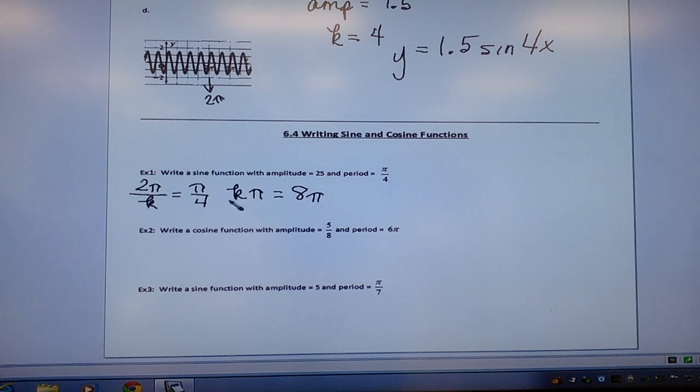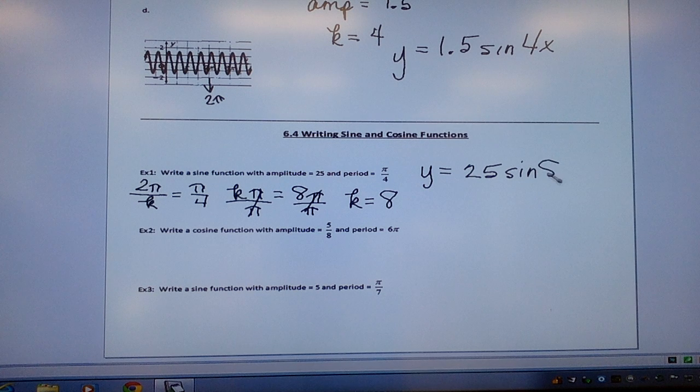We need k by itself, so divide both sides by pi. Cancel out the pi's, and k is 8. So this is a sine function, amplitude of 25. Our equation is y equals 25 sine 8x.